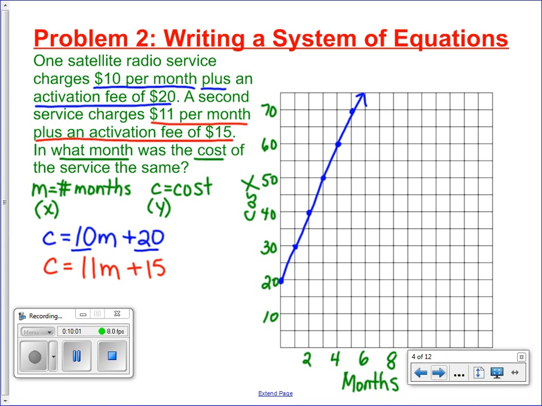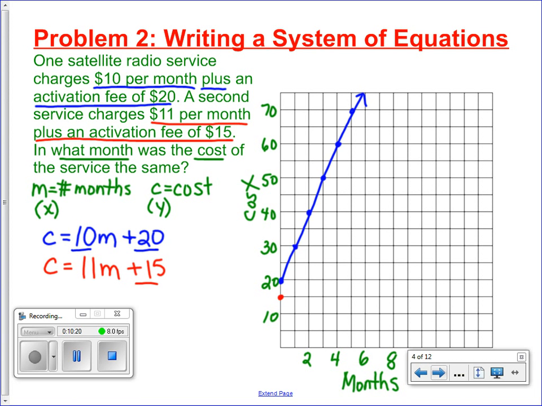All right, now let's take a look at the next one. Now the next one poses a little bit of an issue because our slope is 11. But let's go ahead and see what we can do. We have a y-intercept of 15, which would be right here.